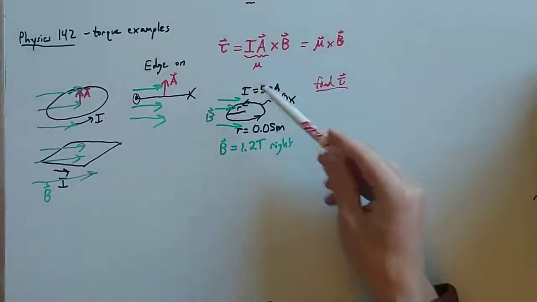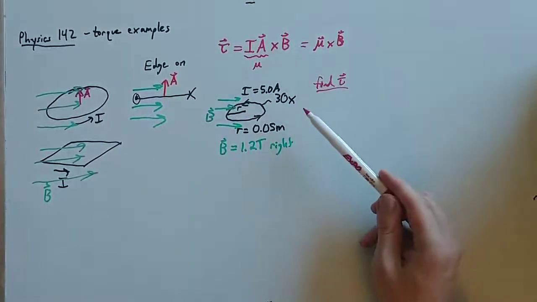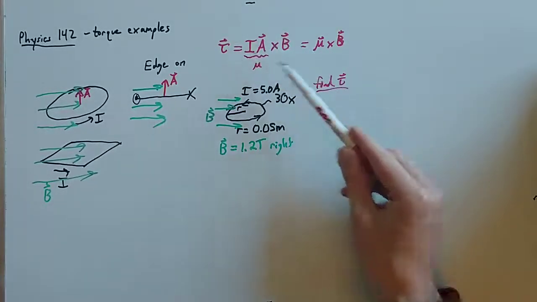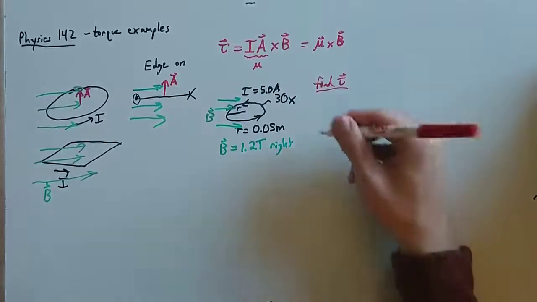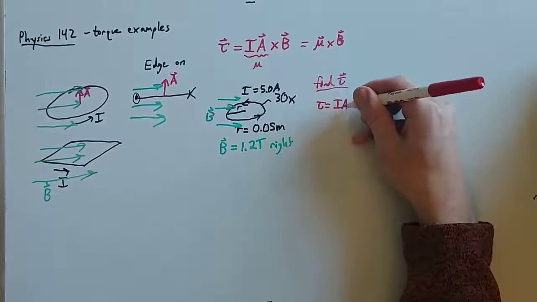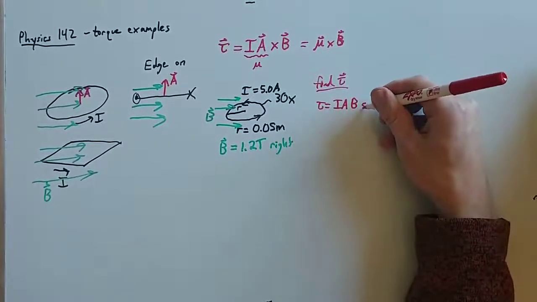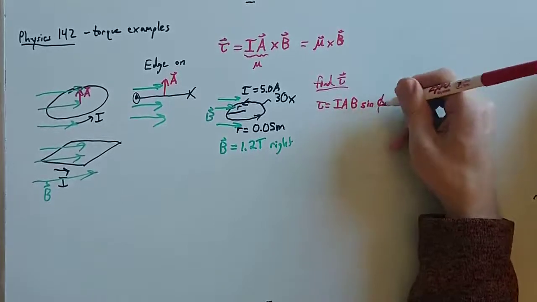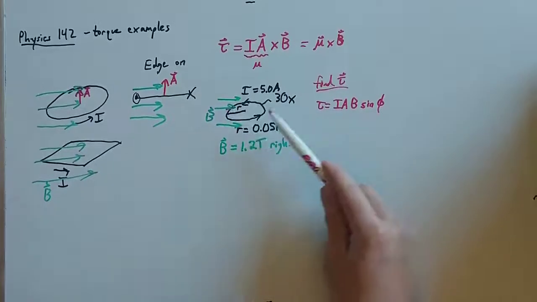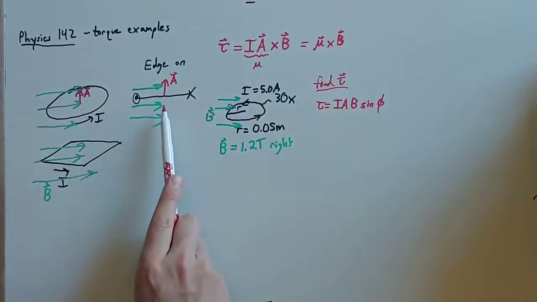Well, we're going to use this formula that we wrote down. Torque is IA cross B. All right. So let's first of all think about the magnitude of the torque. The magnitude of the cross product is the magnitude of I times A, times the magnitude of B, times the sine of the angle between A and B. So for my loop here, this is still a reasonable edge-on picture, right?